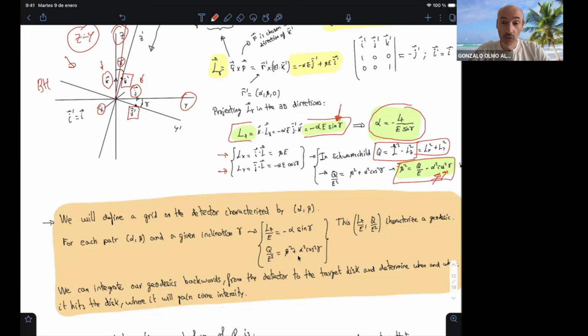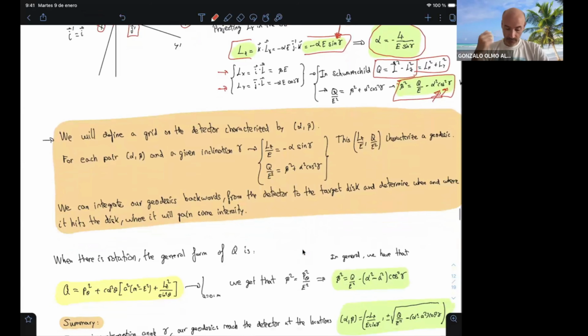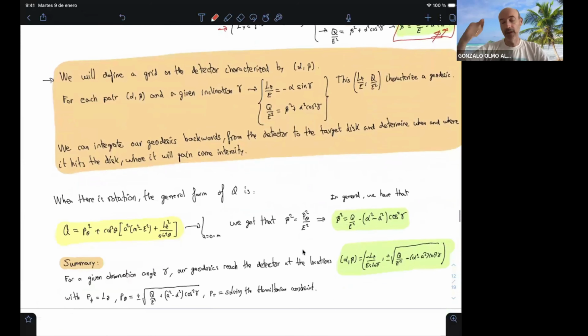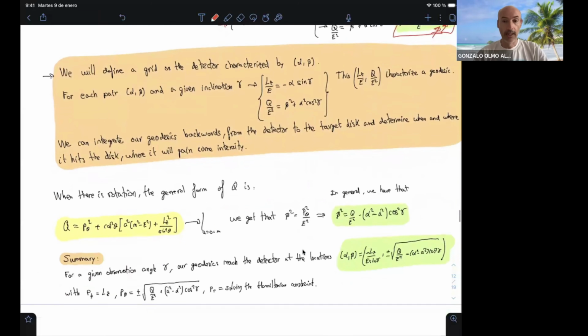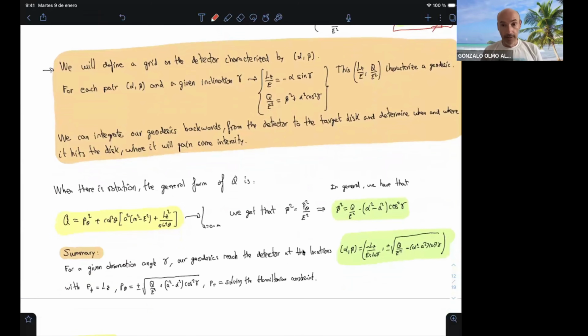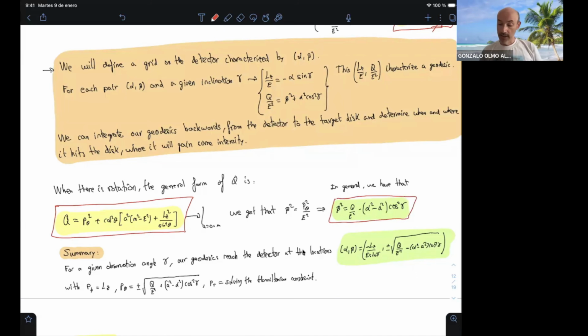This has been derived for Schwarzschild because it's easier, but for the rotating case, it's essentially the same thing, simply adding a contribution due to the rotation of the black hole. And this is the relation, if you remember, in the case of rotating black holes, we have this relation, and then the correspondence between beta and the constant Q is given by this.